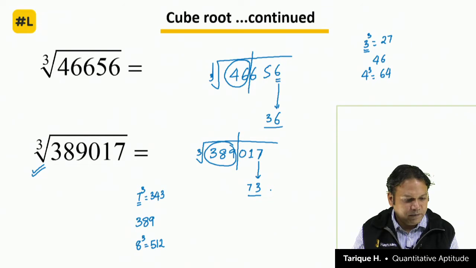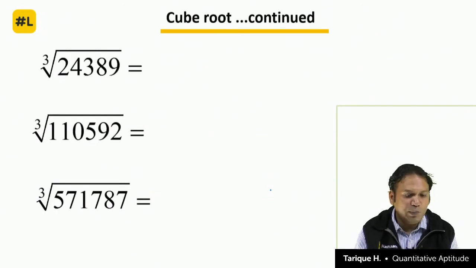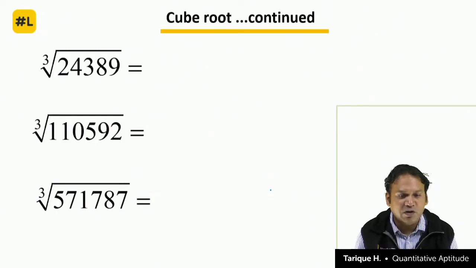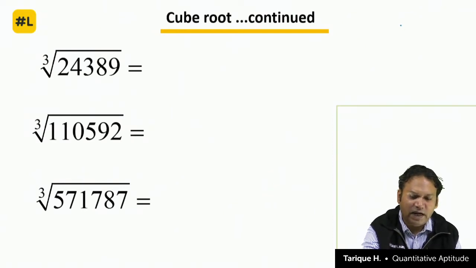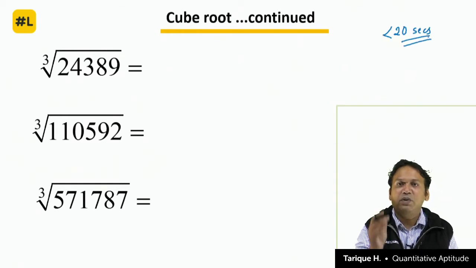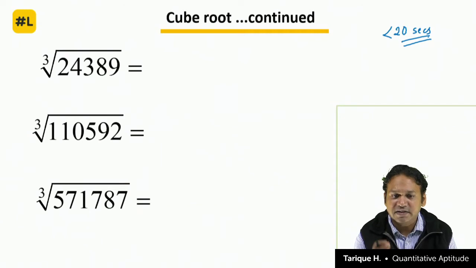Next, let's find out the cube roots of these numbers. Three numbers are there on the screen: 24389, 110592, 571787. How many seconds can we take? Can we find all of these answers in less than 20 seconds? In fact, you can do it within less than 10 seconds itself.